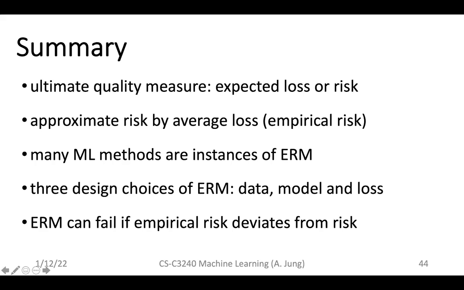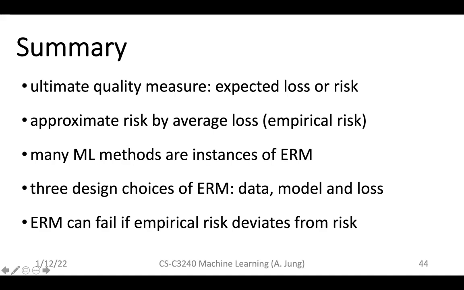So we typically can never compute the expected loss, but we would like to make it as small as possible. And to resolve this dilemma, we use the empirical risk in the form of the average loss over some training set to approximate the risk.